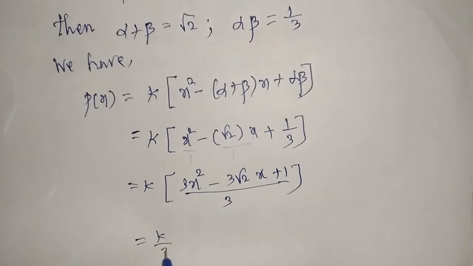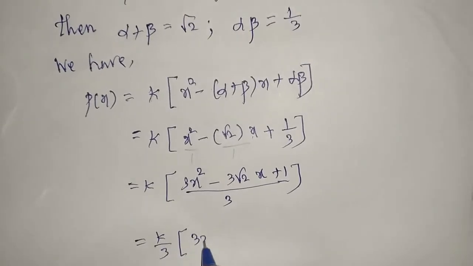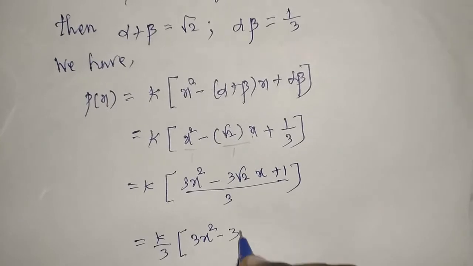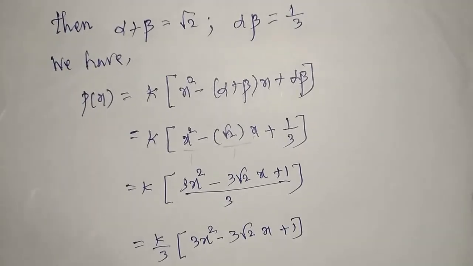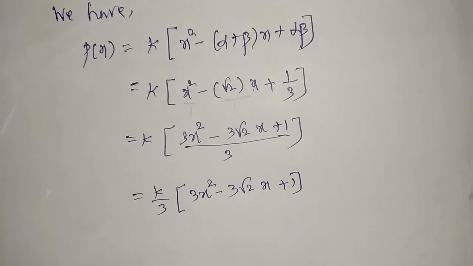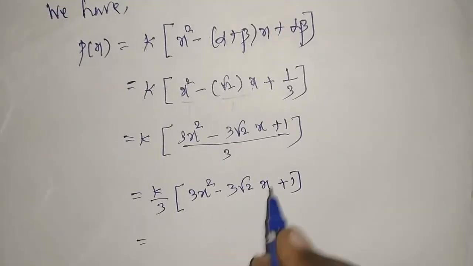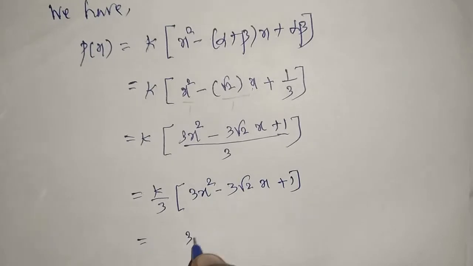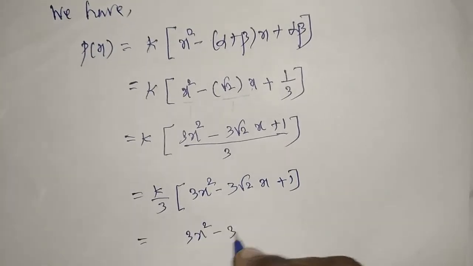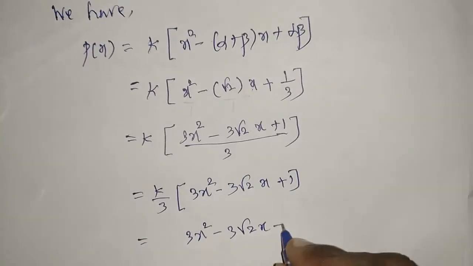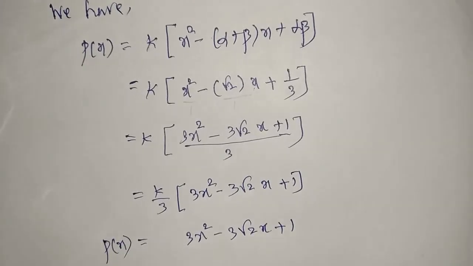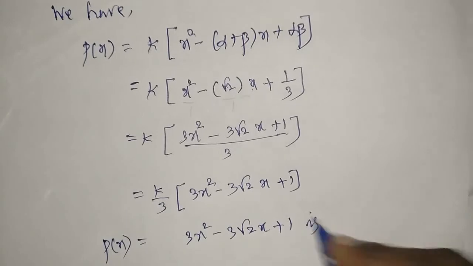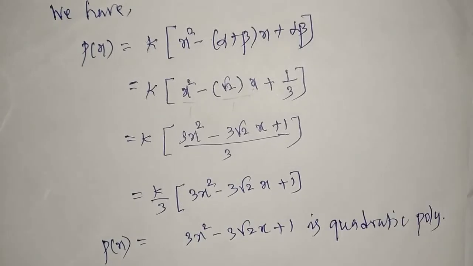Then k divided by 3 into 3x square minus 3 root 2 x plus 1. Now no need to write the constant, I already said. So the constant you can remove. The remaining within the bracket, that you can write. That is our required quadratic polynomial. So this is our p of x, the required quadratic polynomial.